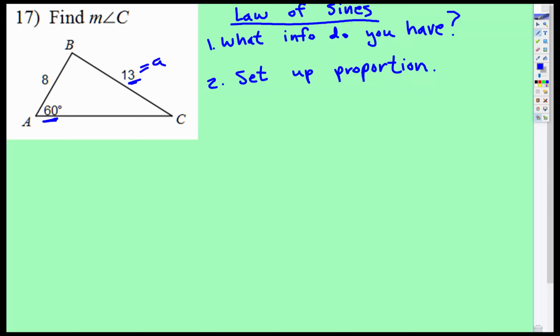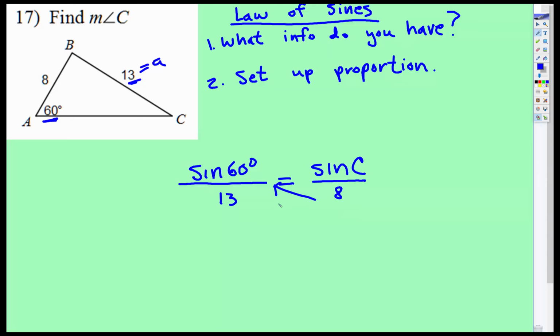We're missing an angle, so we're going to use the law of sines with the angle in the numerator. So sine of A, which is sine of 60 degrees, over side A, which is 13, is going to equal the sine of C, although we don't know what C is yet, over side C, which is 8. We can cross multiply.